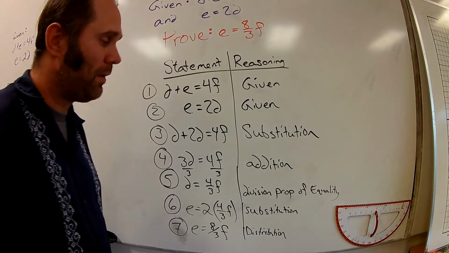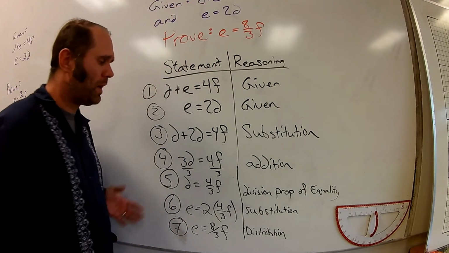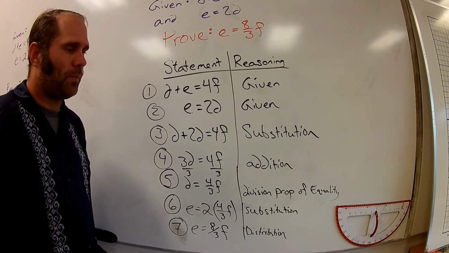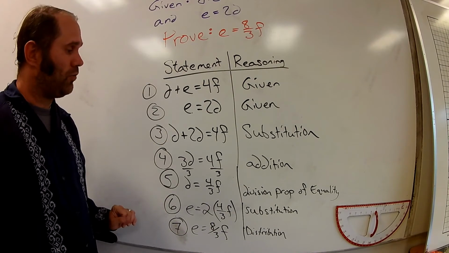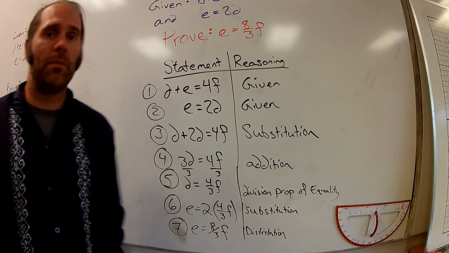So that would be a paragraph proof. Quite a bit more writing, and it needs to be in proper English and follow all those rules. And this is just a shorthand version of the paragraph proof.